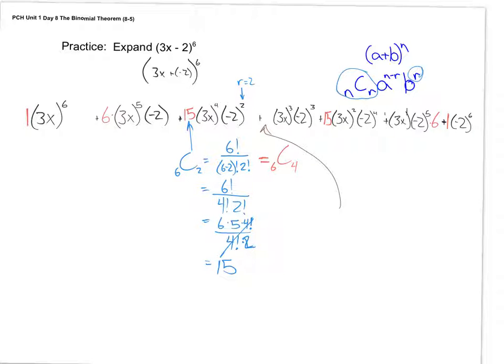Okay? What's the combination we need to figure out? 6 choose 3. Very good. Alright? Take a moment here and try to figure that one out on your own. 16.